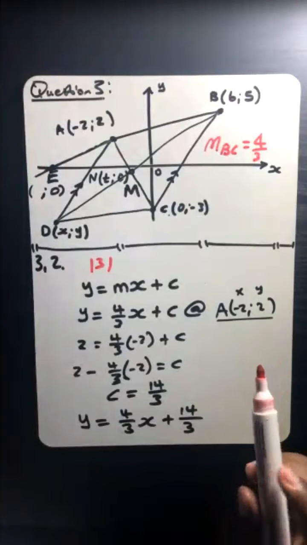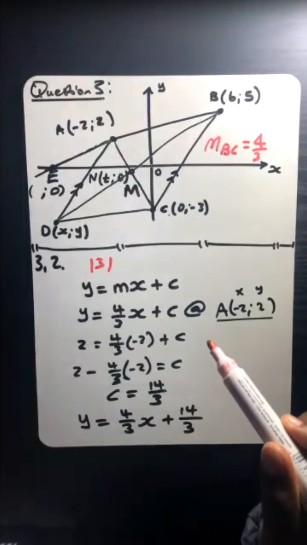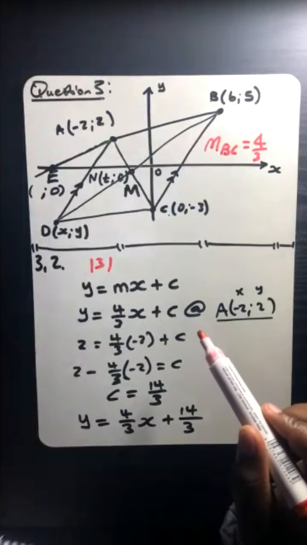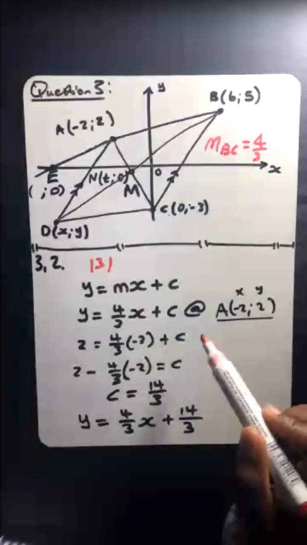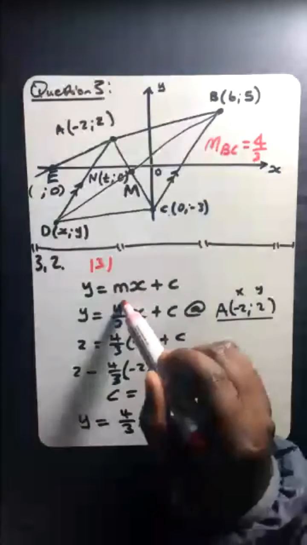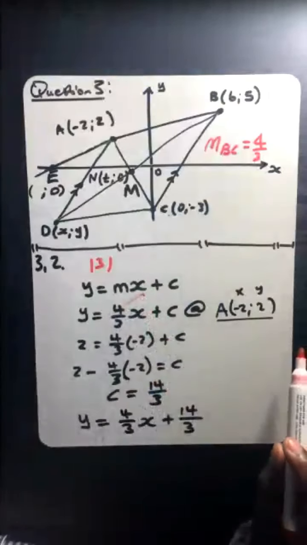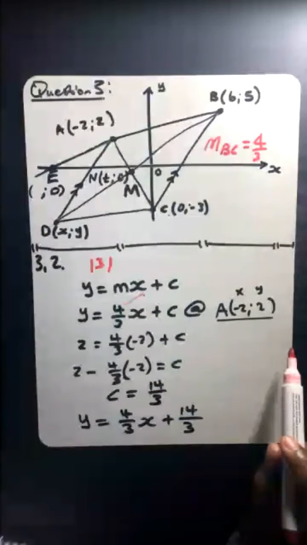Okay, so this is how you are most likely to get your 3 marks, guys. So obviously, for you to notice that this is 4 over 3, we can give you a mark for that.